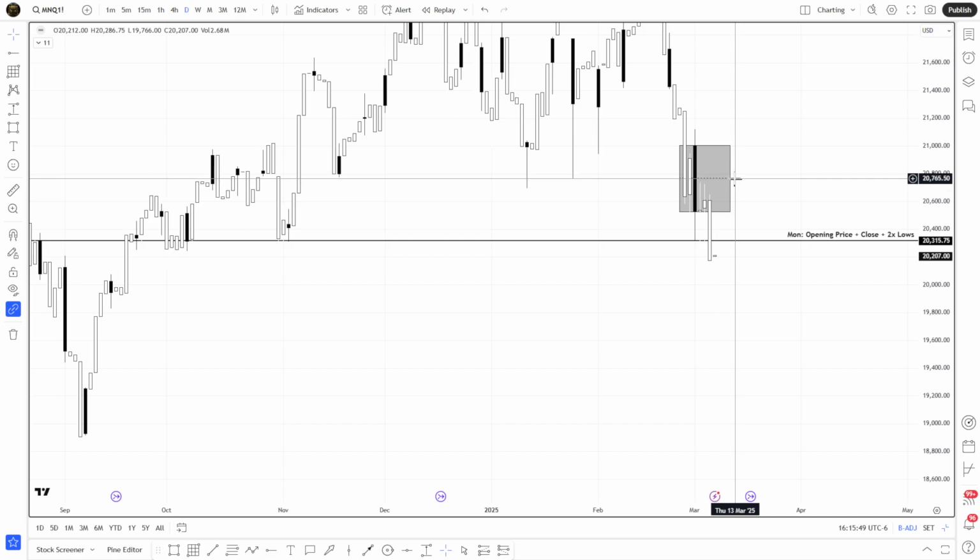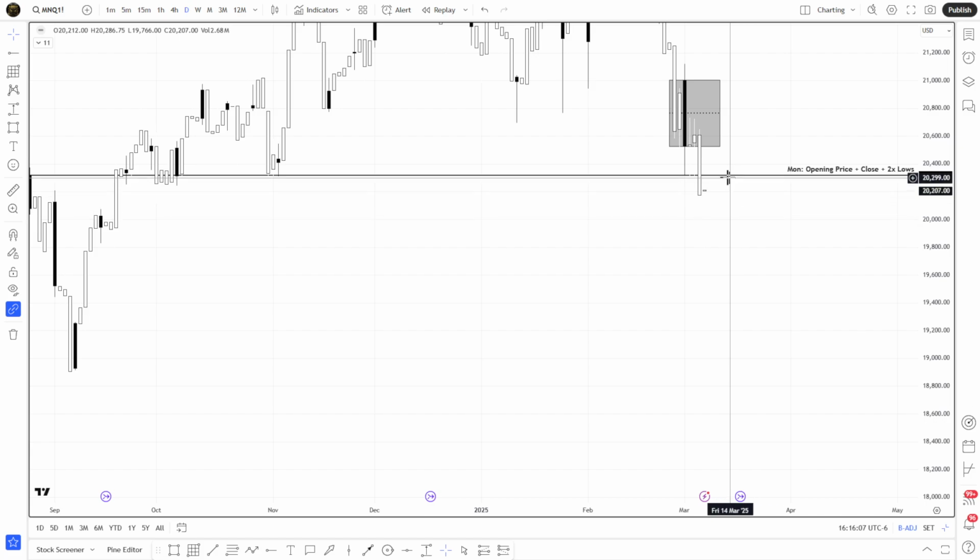And so maybe we see a run up in here and then a close below here. Kind of like another just wick day. We'll see.